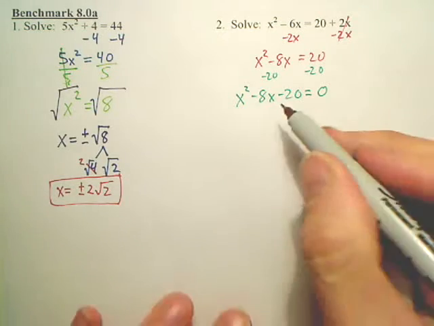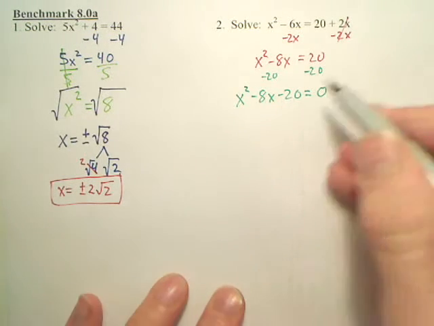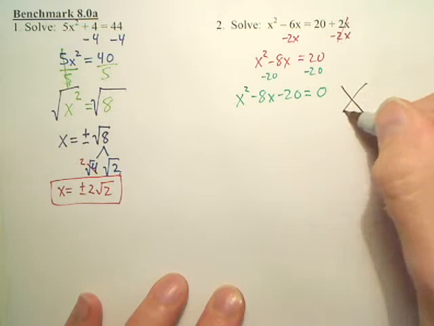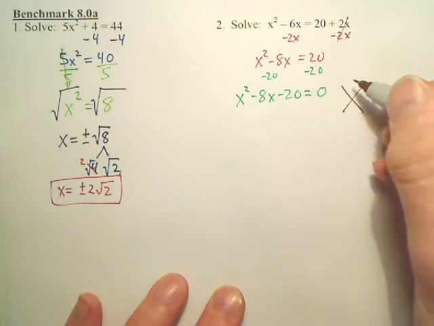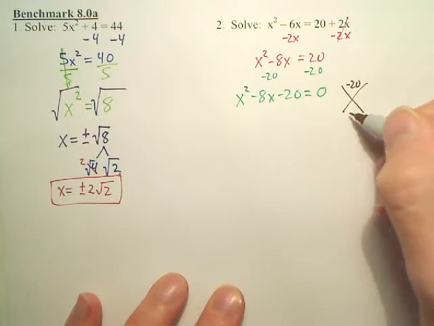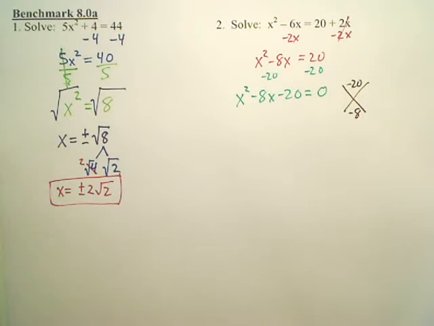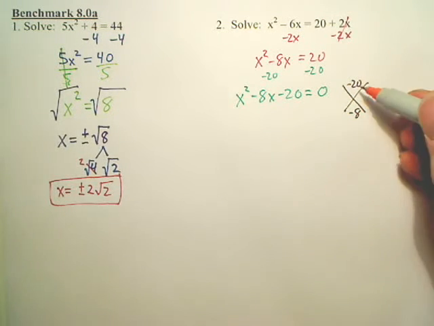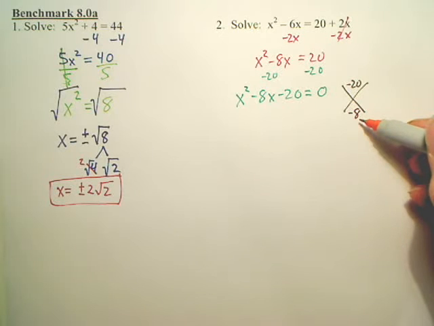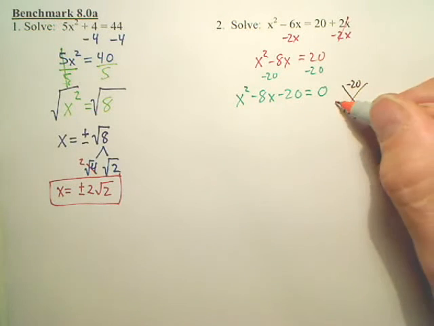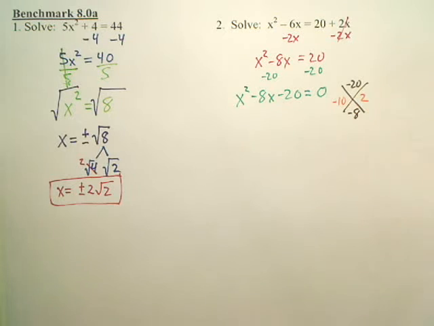Okay. Now our next step is to factor this left side. So to factor, we make this little x thing. You put the negative 20 on top, the negative 8 on bottom, and we have to think about, okay, what two numbers multiply to get negative 20 and add to get negative 8? And hopefully you notice it's negative 10 and 2.